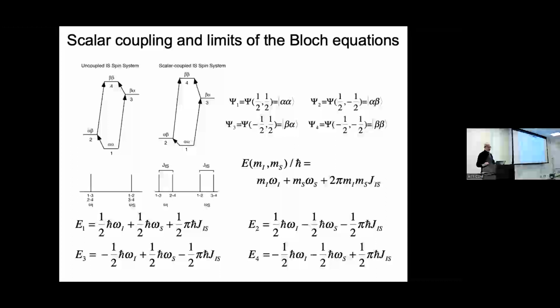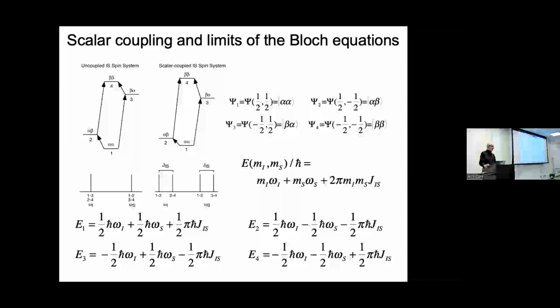And again, if you took organic chemistry and saw NMR spectra, you see a lot of these multiplet patterns. So we need a theory that accounts now for evolution in a 2-spin system with some coupling between the spins.